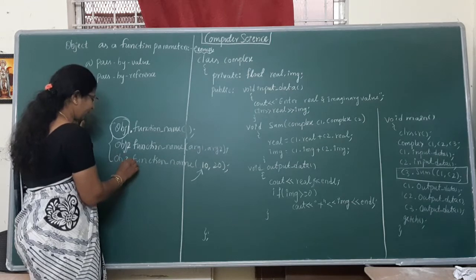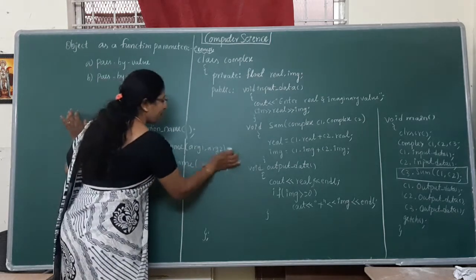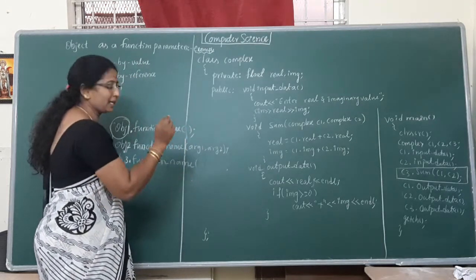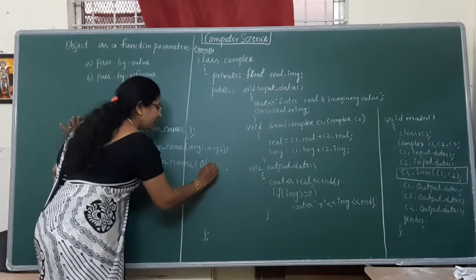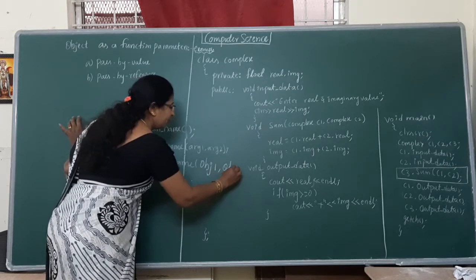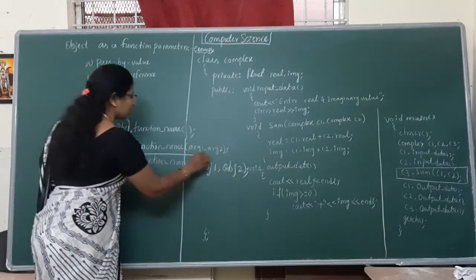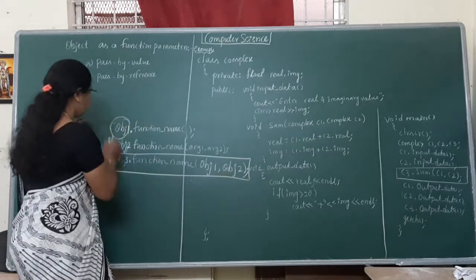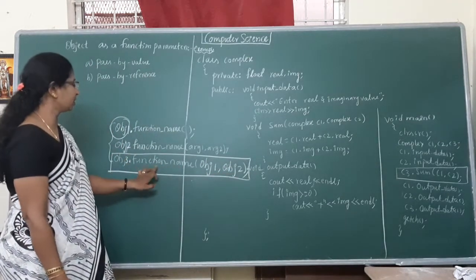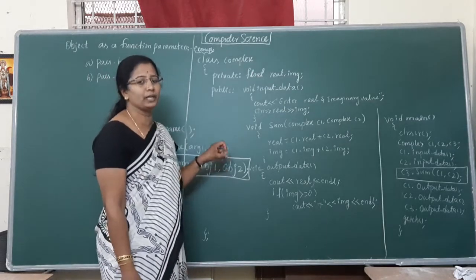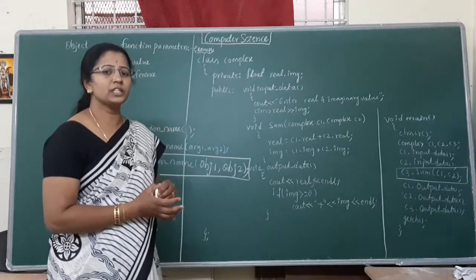While creating object 3, we are passing a function parameter as an object, obj1, obj2. That means for this particular function, object 3, we are invoking the function name along with the object as an argument. That we are going to discuss today.